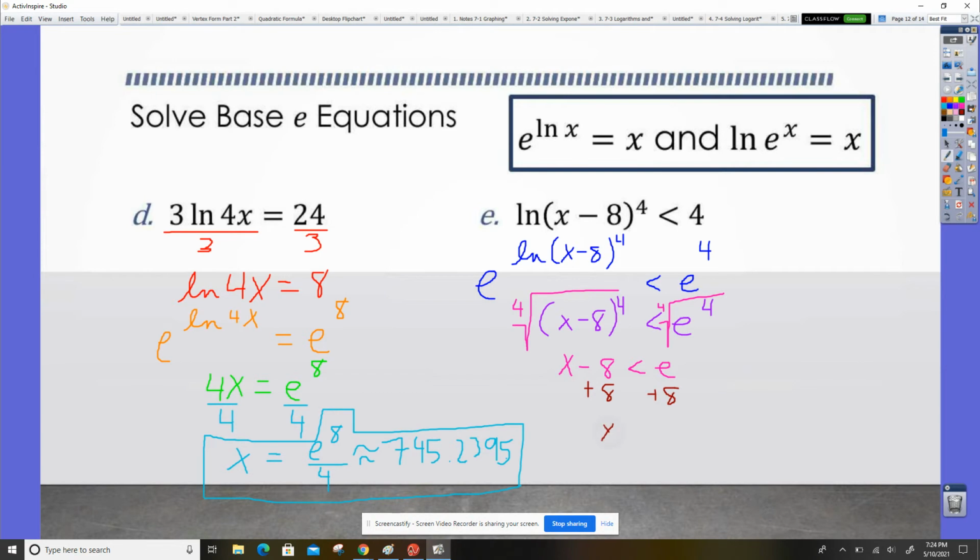So I get x is less than e plus 8, or x is less than 10.7183. Okay, and that is it. No number lines, nothing. We just solve it like an equation, except we have an inequality symbol there.